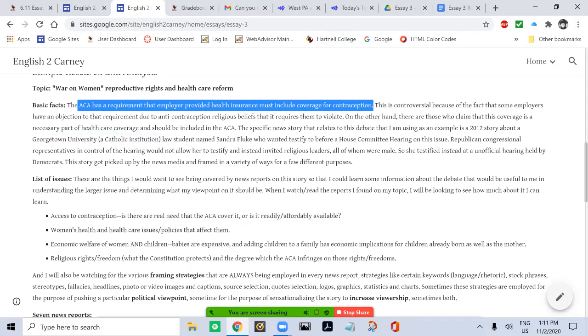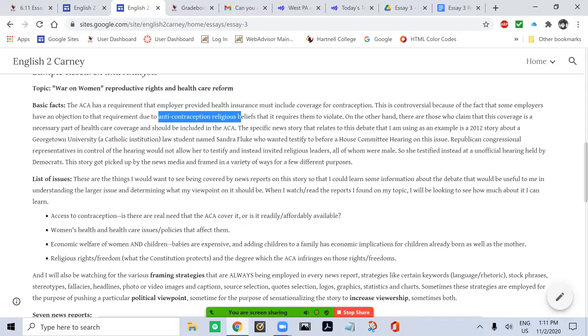That they have anti-contraception religious beliefs, that provision of the Affordable Care Act would require them to violate, go against their beliefs. And the Constitution protects religion on that basis. All right, so this is a legitimate constitutional argument that needs to be had.